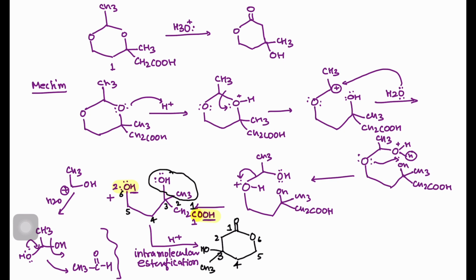So this is the final product that we will be getting after the intramolecular esterification reaction. And that is exactly the same product that we have got there. That is a cyclic ester, or we can say lactone. So that's the complete mechanism of this reaction. Thank you.